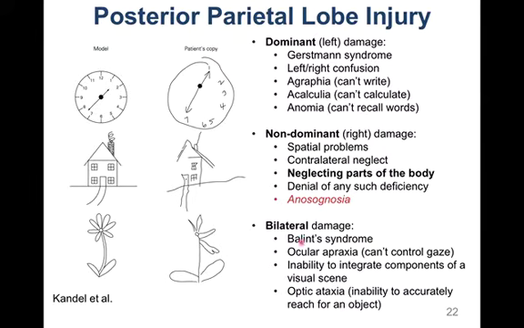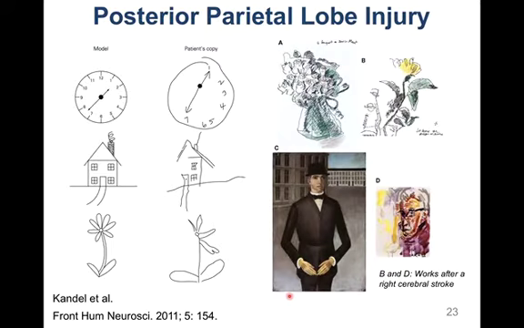If there's damage to both, bilateral damage results in a more complex syndrome called Balint syndrome: an inability to control gaze, inability to integrate components within a visual scene, and an inability to reach out for an object. So certainly more complex symptomology when there's bilateral damage.